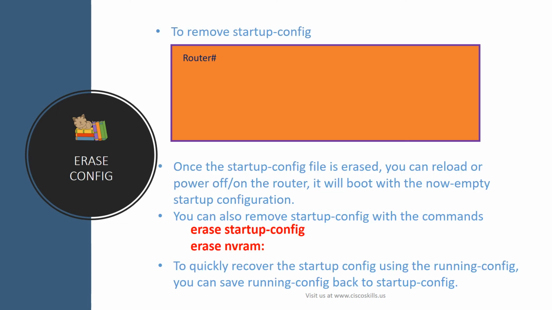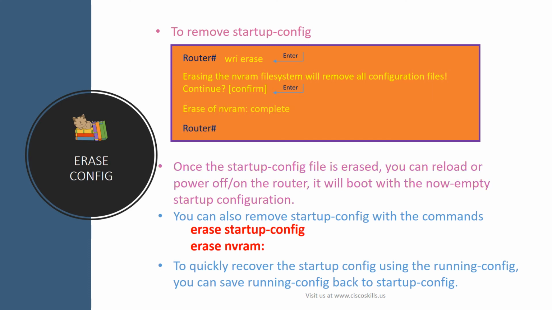In the lab environment, you usually want to remove startup config to wipe out the entire router's configuration to build a new one. In order to do that, at the privilege mode, you issue the command write erase and hit enter. It will ask you to confirm. If you are certain, just hit enter.